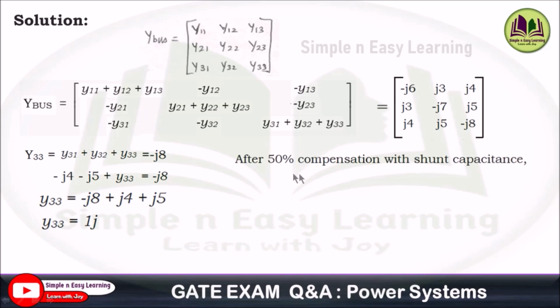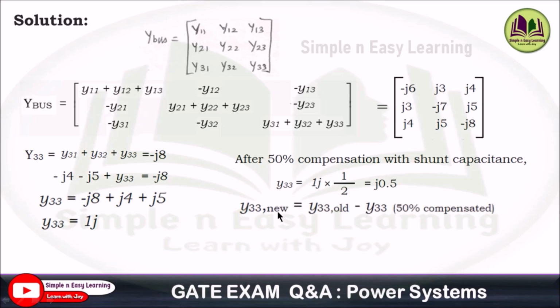Now after 50% compensation with the shunt capacitance, what happens? This y33 can be multiplied by half, so 50%. To represent that, it is multiplied by 1 by 2, so that gives you j into 0.5. So y33 new equals y33 old minus this y33 with 50% compensation.